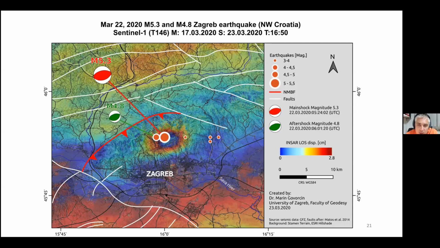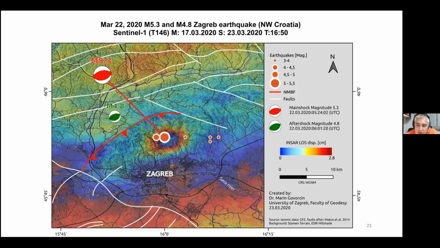What we have on this figure, with these two dots in the center, is the location of the main shock, which was estimated at magnitude 5.3, and the smaller dot represents the foreshock, which was weaker, of course, estimated at magnitude 4.8.